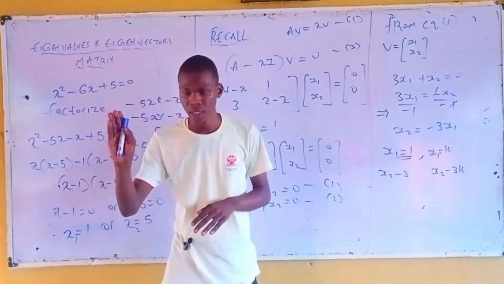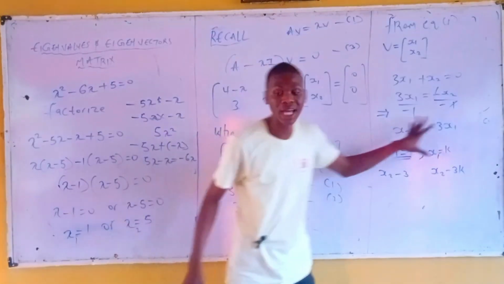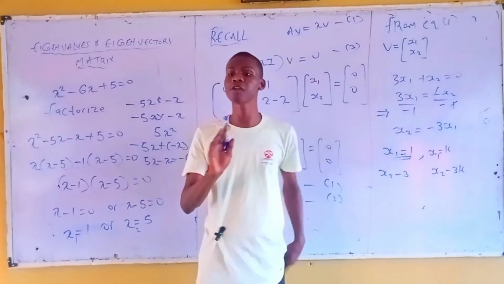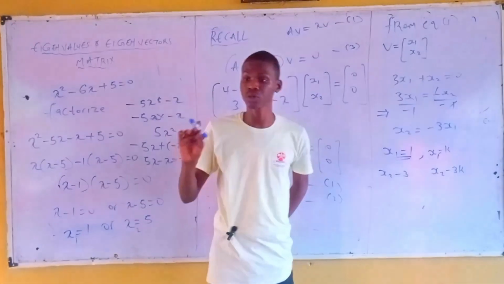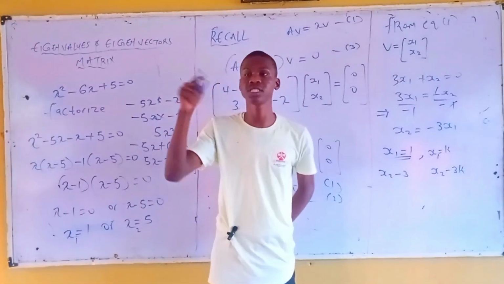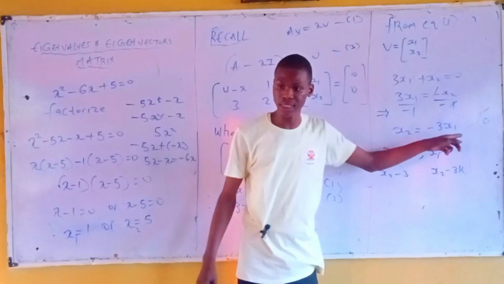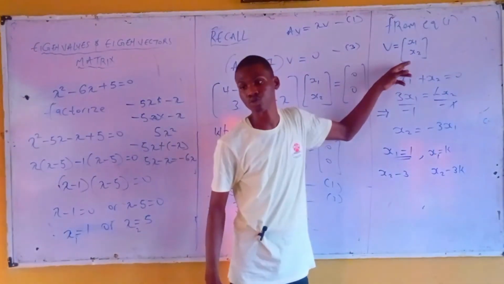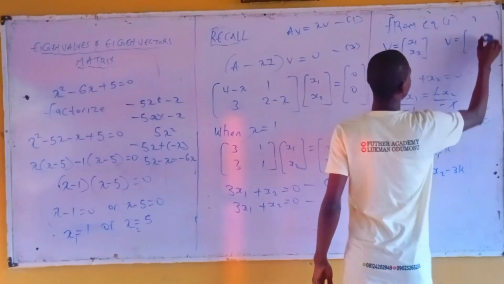Even for a 3 by 3 matrix, in some questions you get the value of x1 directly and the value of x2 directly. Meaning, by the time you solve, your x1 might be 0 and your x2 might be 1. But in a case like this, this vector you must write in a column matrix.